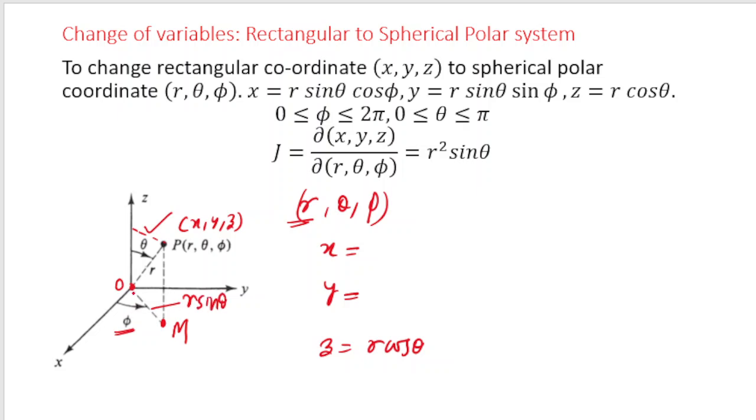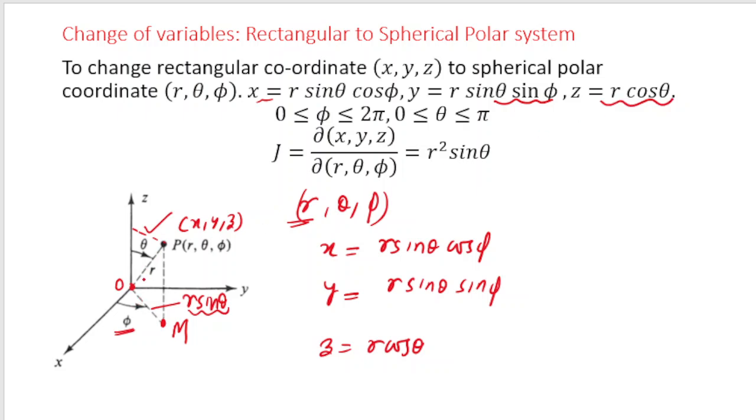Now to get the value of x, I have to take the projection of r sine theta in the direction of x, and that angle is phi. So x will be r sine theta cos phi. And if I take the projection of r sine theta in the direction of y, it will be r sine theta sine phi. So this is what the relation is: x is equal to r sine theta cos phi, y is equal to r sine theta sine phi, and z is equal to r cos theta.